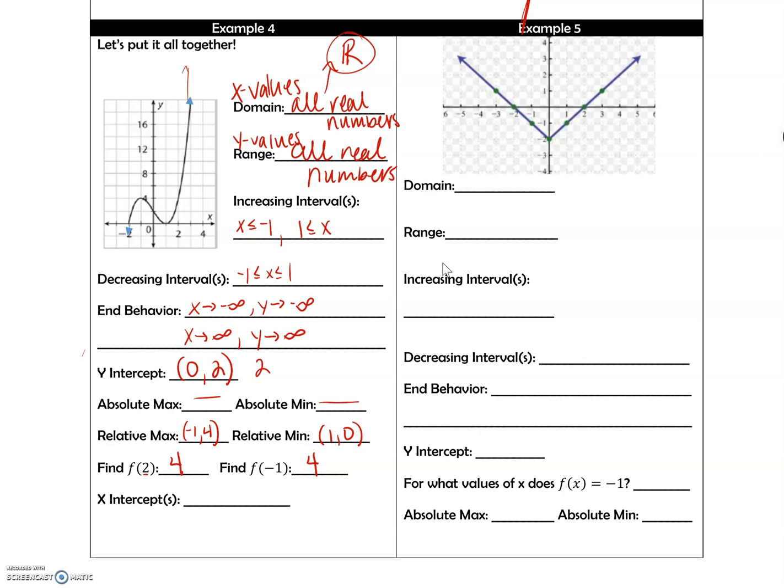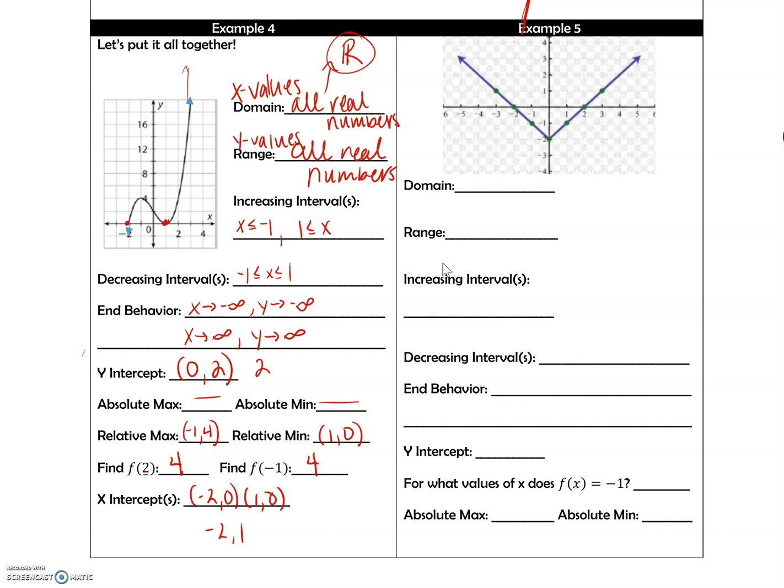And our x-intercepts, looks like we cross at negative 2 and at positive 1. So again, I'd prefer ordered pairs. But if you just wrote -2 and 1, that's all right too.